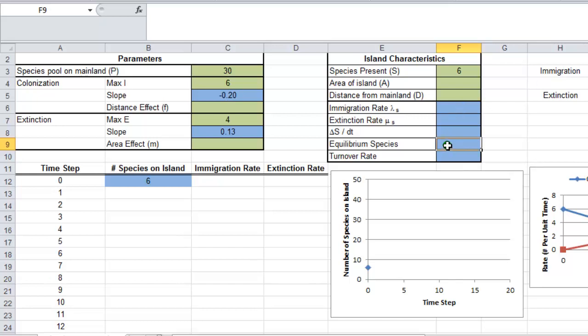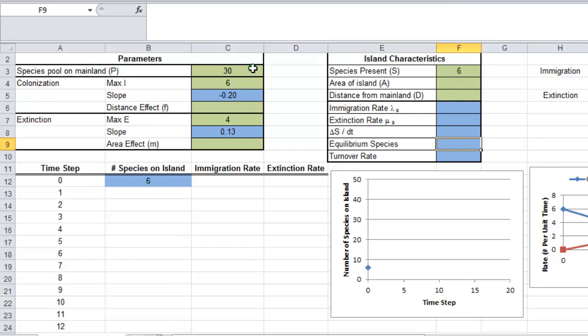In order to get to our equilibrium species, we need to move backward. Remember how Jed talked about calculating the equilibrium. One of the first things we need to do is to calculate the immigration rate, which he called lambda sub s, for this particular island. We know it's got 6 species present.